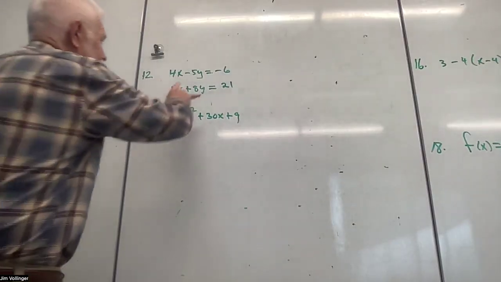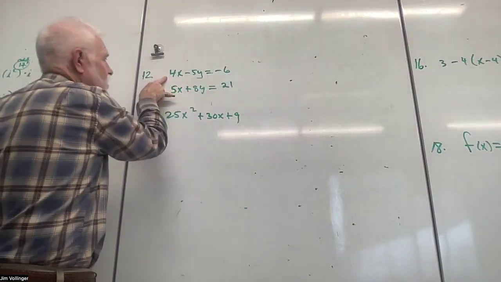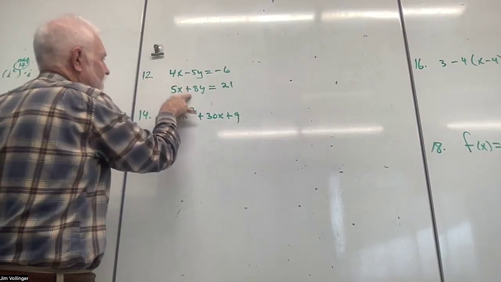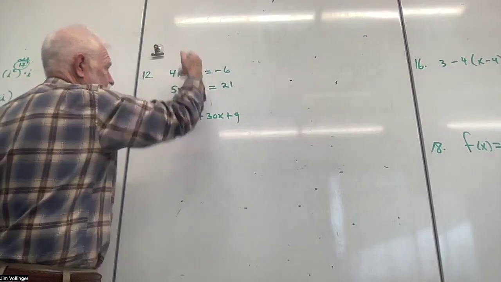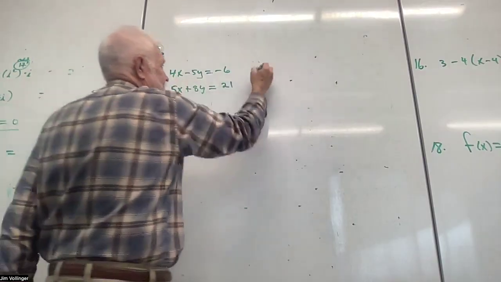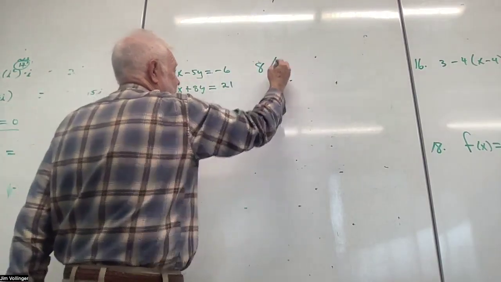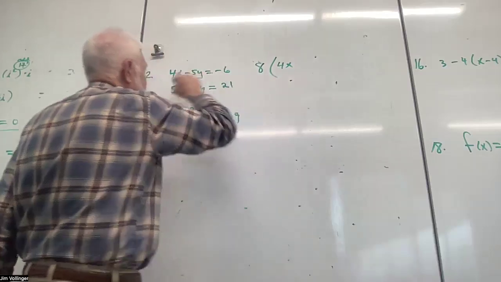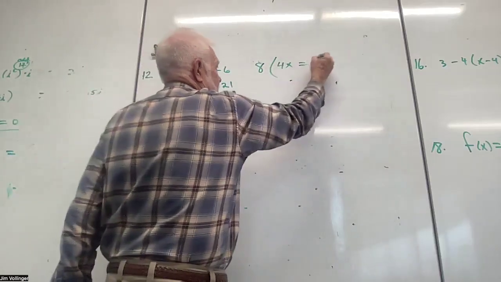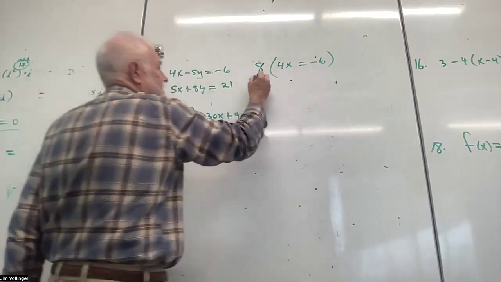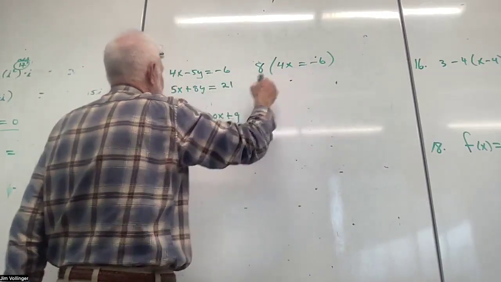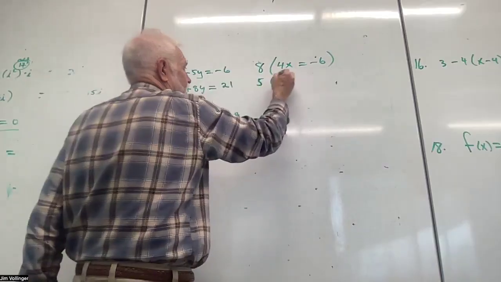All right, so let's change this. Let's multiply this one by 8 and this one by 5. That'll give me 40, -40, and that'll cancel the y's. So 8 times that. Can I take the shortcut and say just 8 times 4x and 8 times -6? Can I do 5 times this? 5 times this is going to get me 5 times 5x.